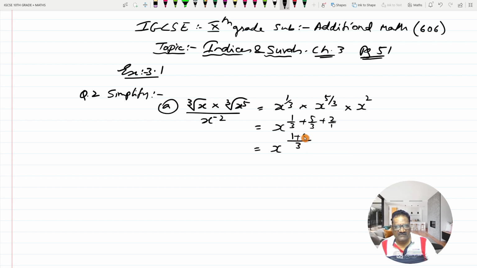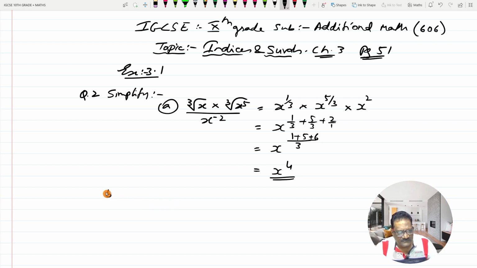This will be 1 plus 5 plus 3 twos are 6, okay. So this can be written as x raised to 6 plus 5 is 11, 11 plus 1 is 12, 12 upon 3 happens to be 4. So this is your ultimate answer, x raised to 4. Okay, this was the answer for sub question A.